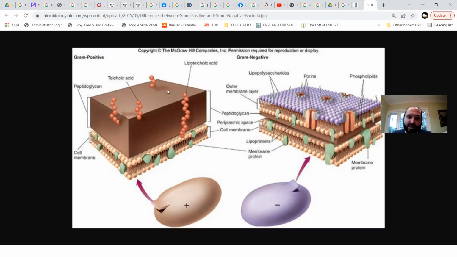So it is protection against osmolysis, because if you were hypotonic, if the outside solution has a lower ionic concentration than inside your cell, where's water going to want to flow? Inside the cell.